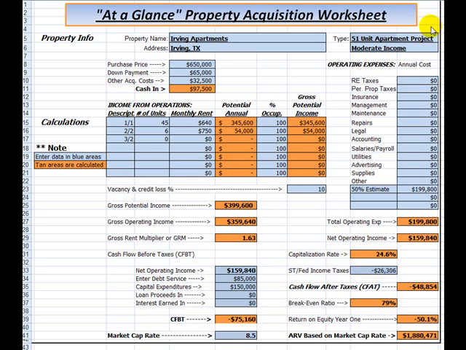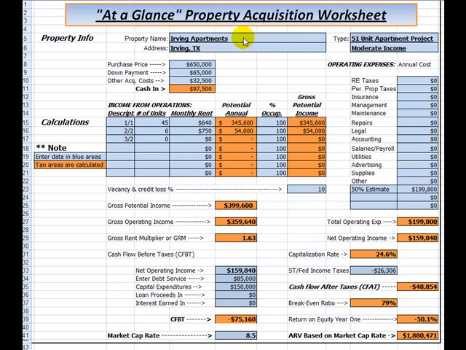Here's where you plug it into your property analysis or property acquisition worksheet. With each property, you really need to fill one of these out, become very comfortable and familiar with it, so that you understand the numbers we're working on. When you submit your deals, we'll know right off the bat that it's a good one, that you've thoroughly researched it, and that we can process it through much quicker. Let's take a look at a sample property from one of our investor partners.